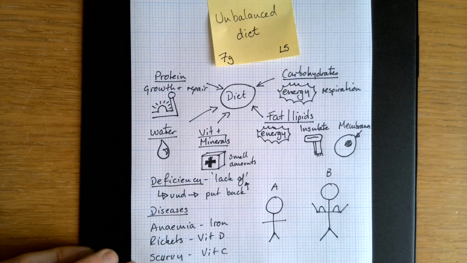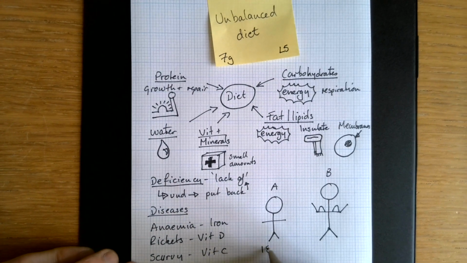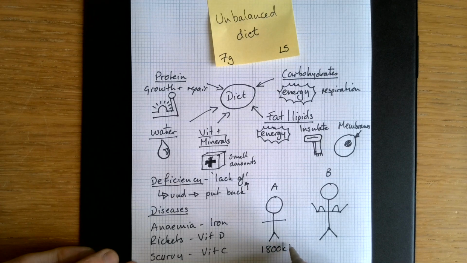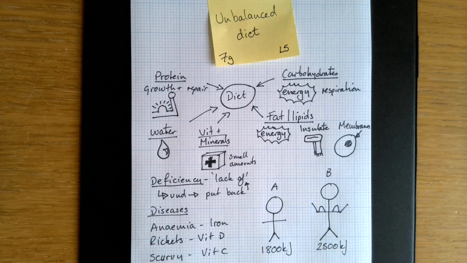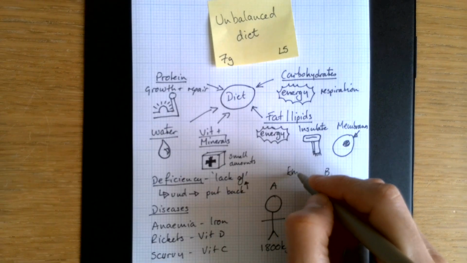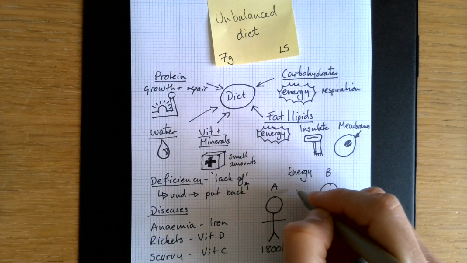The way we can measure that is that person A might require only 1,800 kilojoules, but person B might need 2,500 kilojoules because they're made from more cells. They might be more active, they work out, they go to the gym. So it's not just based on the size of a person, but it's also based on their activity during the day as well. So this is down to your energy needs.